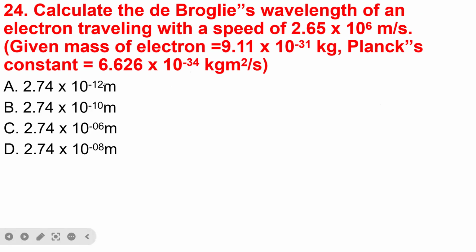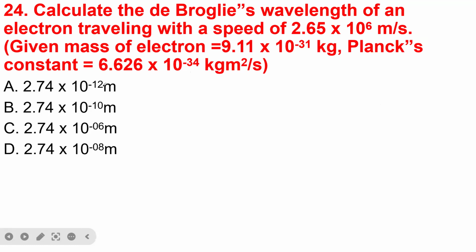So then we are now moving to question 24. Calculate the de Broglie wavelength of an electron traveling with a speed of 2.65 times 10 raised to the power of 6 meters per second, given that the mass of the electron is 9.11 times 10 raised to the power of minus 31. Planck's constant is equal to 6.626 times 10 raised to the power of minus 34 kilogram meter square per second.